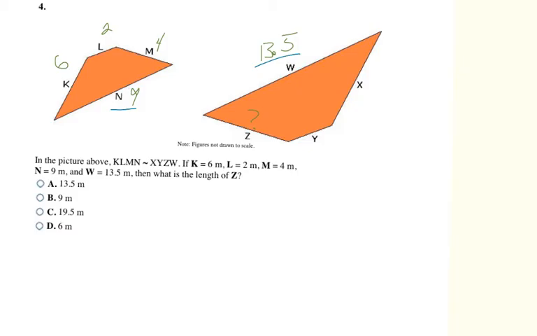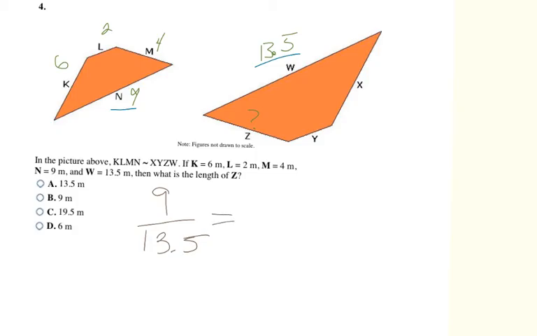So that's going to be one side of my proportion: 9/13.5. I put the first shape on the top and the second shape on the bottom. That just helps me to keep it straight.